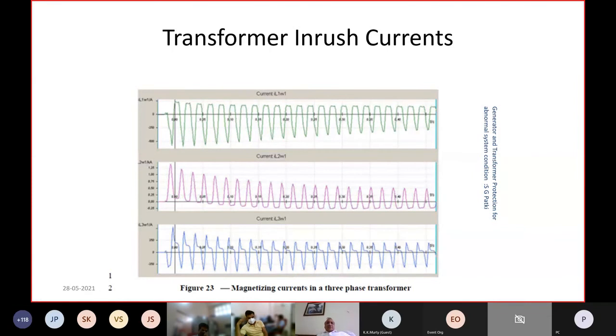Second, it also depends on how strong the source is behind the transformer, from which side you are energizing the transformer. If the source is very strong, that means the impedance will be low. In that case, the inrush current will also be high.